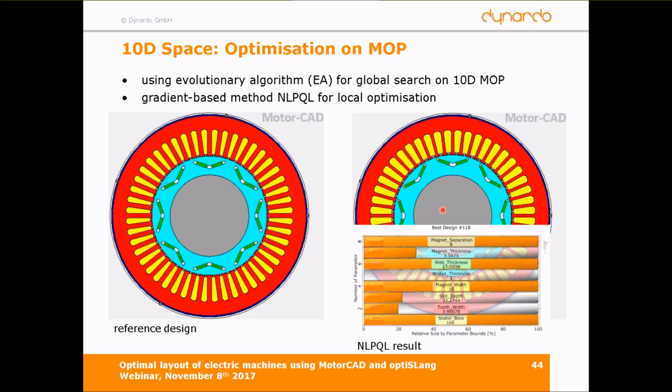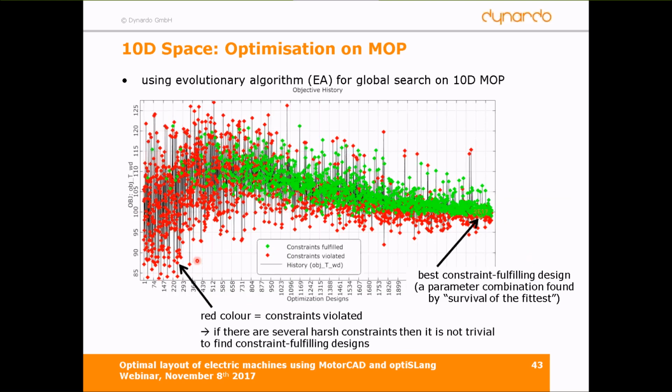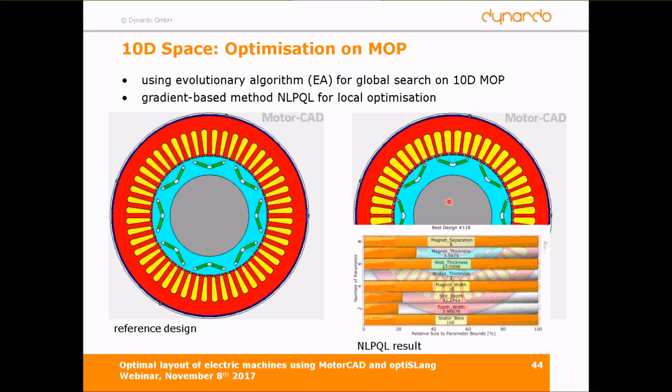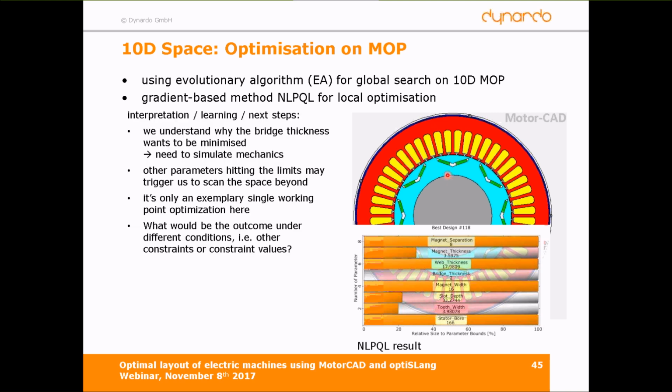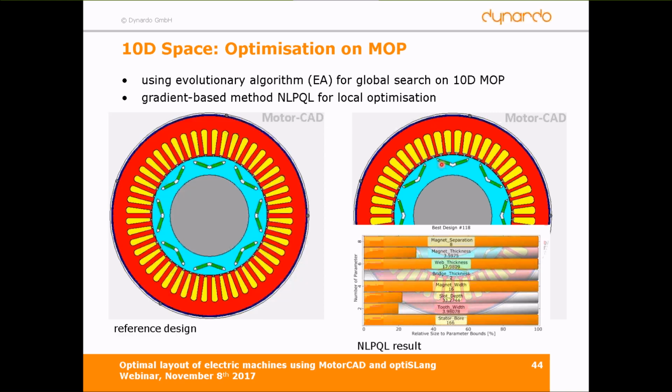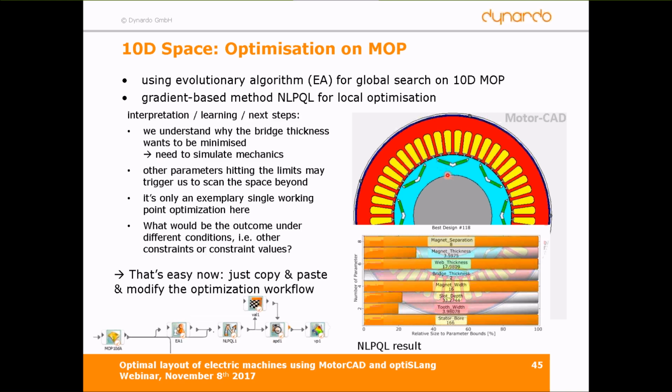So for this single working point optimization, if you want more torque and a better efficiency, it's minimizing, for example, the bridge, and we know that there is a trade-off, a conflict with mechanical boundary conditions. We don't want to make this motor unstable, but we know why the optimizer is doing this. So you will find that in the slides. But now it's about this here.